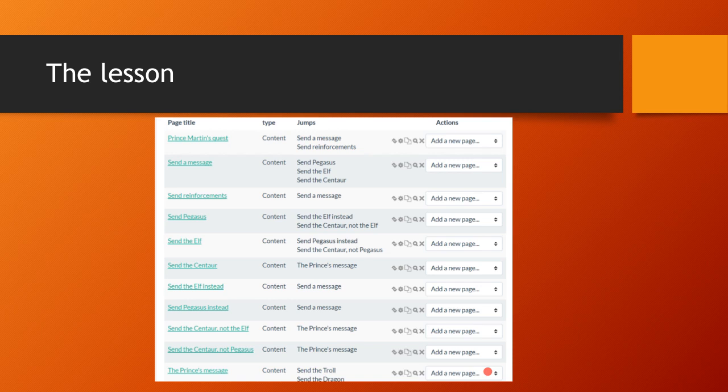So you plot out the best path that brings you to the success end for your hero, for Prince Martin in this case. And then all the other side branches, you can work from there. But at least you've got that first one that you set up, that you're sure about, and that doesn't change anymore. So that's also a really good strategy that I discovered.